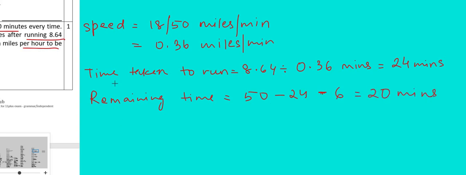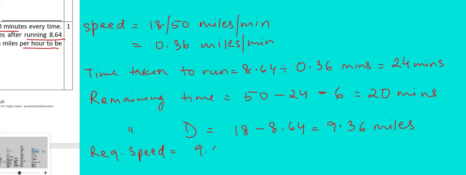After that, the remaining distance. This we found out the remaining time. Now we need to find out the remaining distance for the same. It will be 18 minus 8.64, which is equal to 9.36 miles. The required speed is equal to 9.36 divided by 20 miles per minute, which is equal to 0.468 miles per minute.